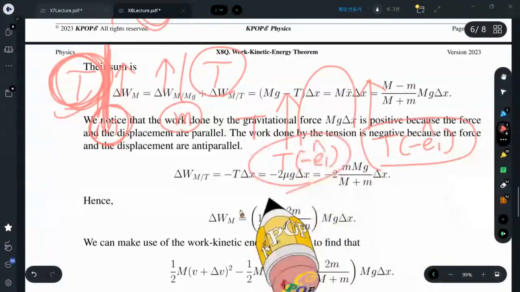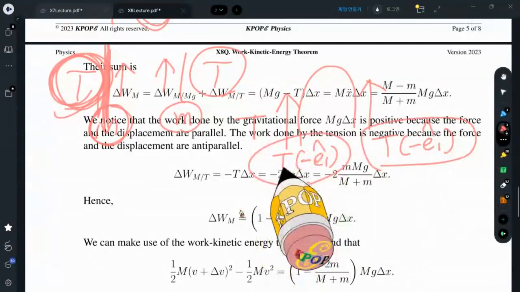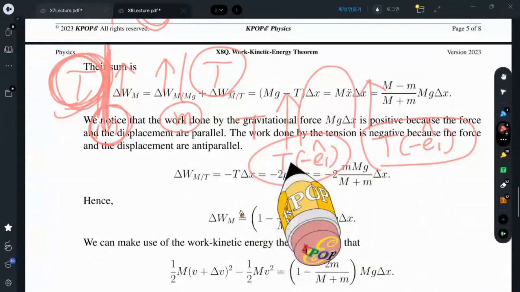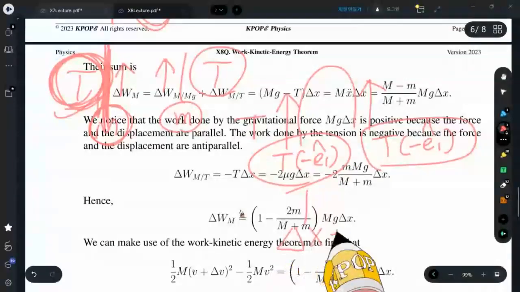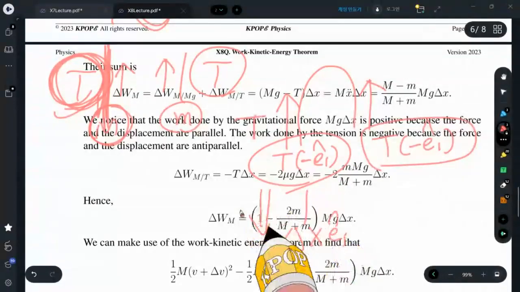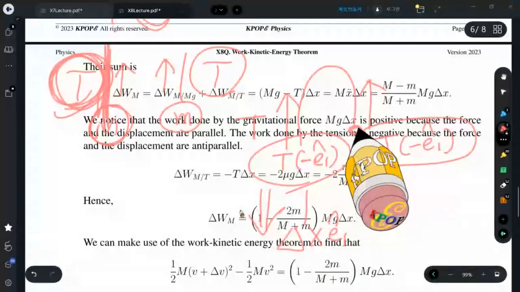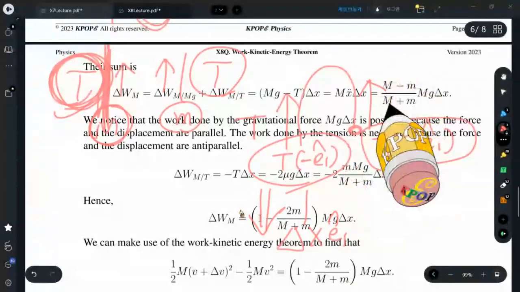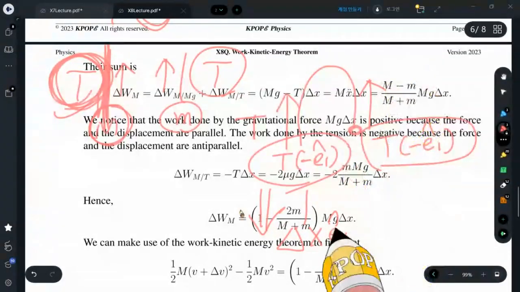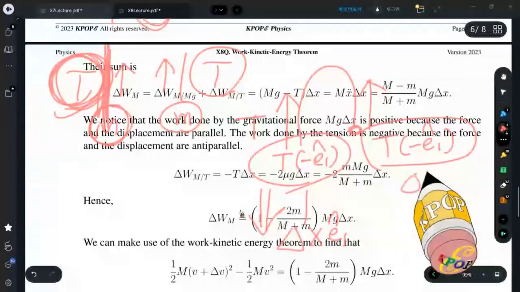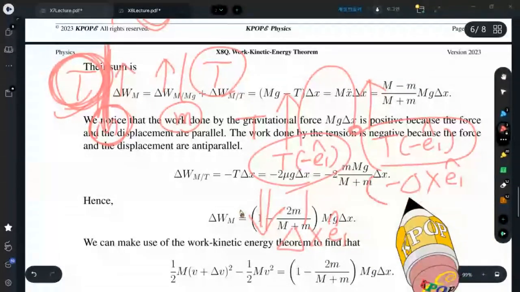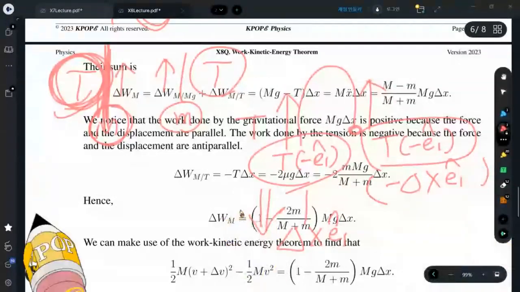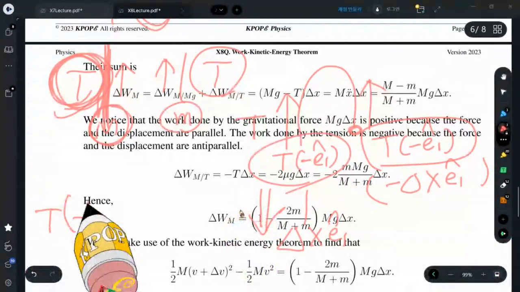They are the same. By the way, force multiplied by displacement. This displacement in here is a delta x e1, downward. However, this object is going up. Therefore, delta x e1 hat minus. So we can pull this tension minus e1.